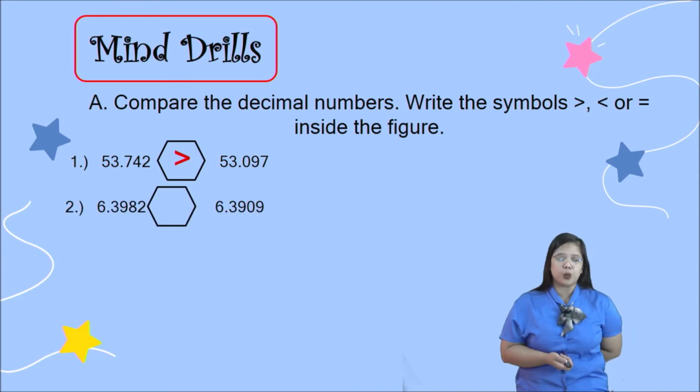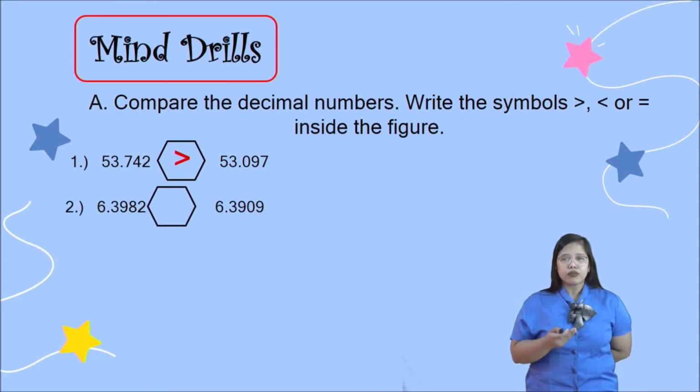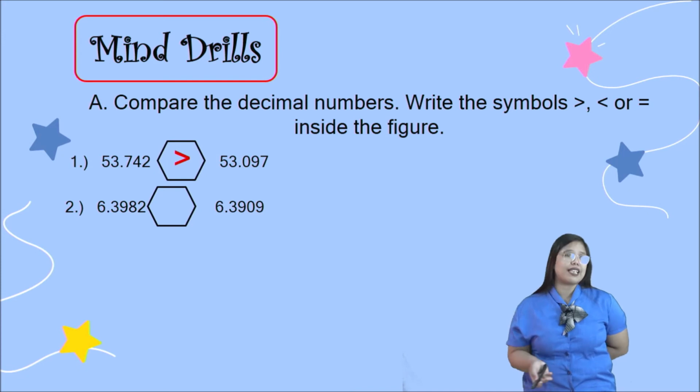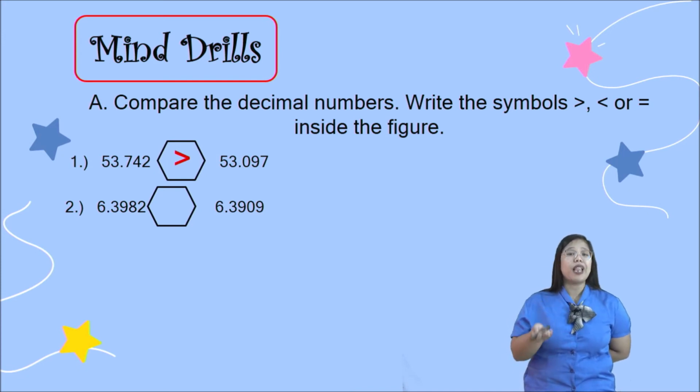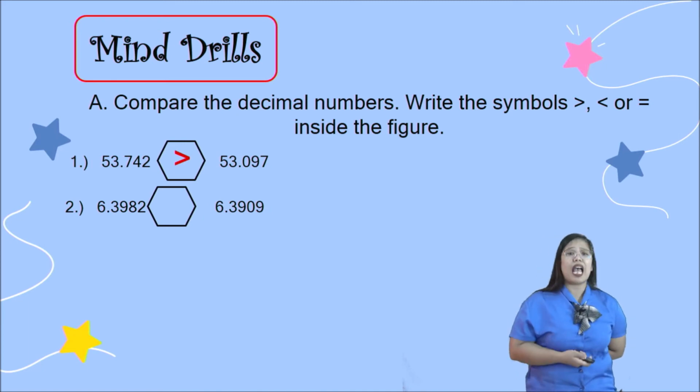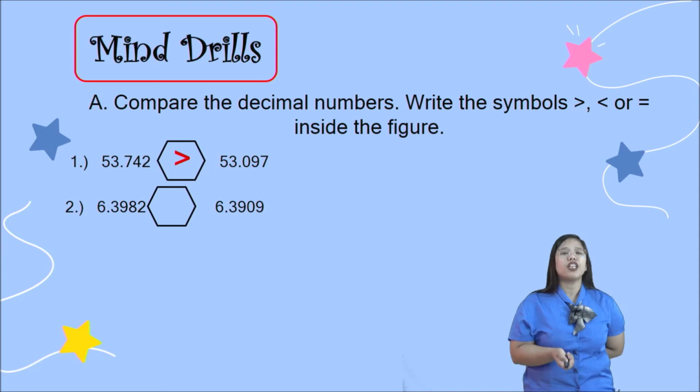For the second one, we have 6 and 3,982 ten thousandths, blank, 6 and 3,909 ten thousandths. Any guess what will be the answer? Very good. The answer will be greater than.